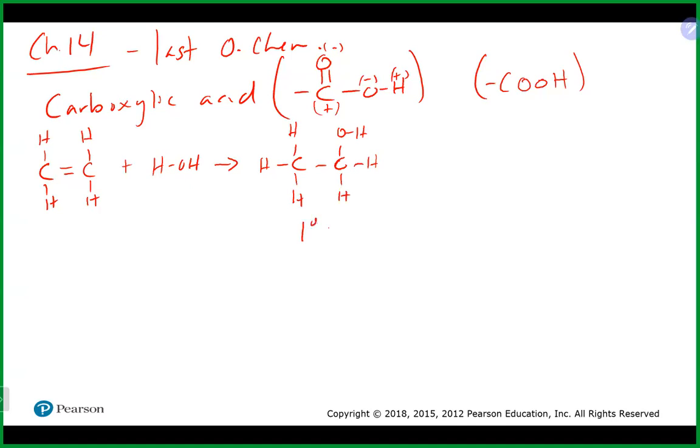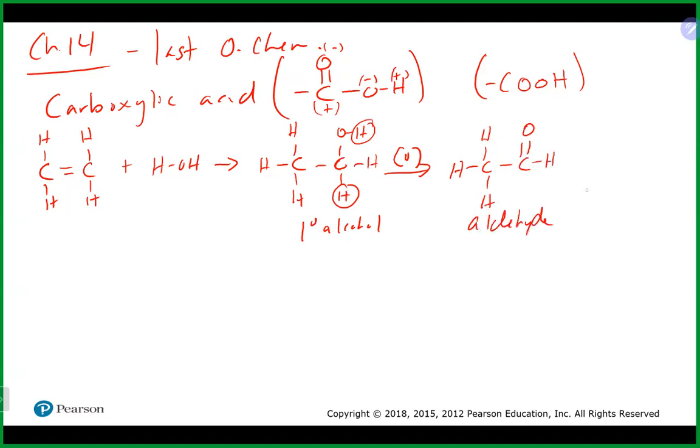And that'll give you a primary alcohol. And if you oxidize that primary alcohol, as we talked about a number of times, we will lose our hydrogen, and that will get you to your aldehyde, which will make a double bond. And lastly, if we then oxidize our aldehyde, that will get us to our carboxylic acid.